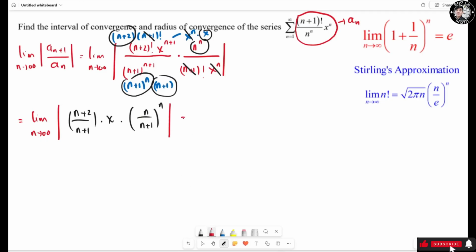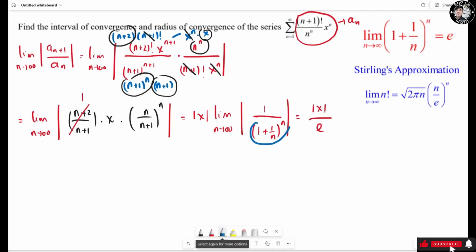So it's going to be the absolute value of x. Now when n approaches infinity, this guy approaches 1. Divide the top and bottom by n, so I have 1 over (1 + 1/n) raised to the n, and it's going to be the absolute value of x divided by e.